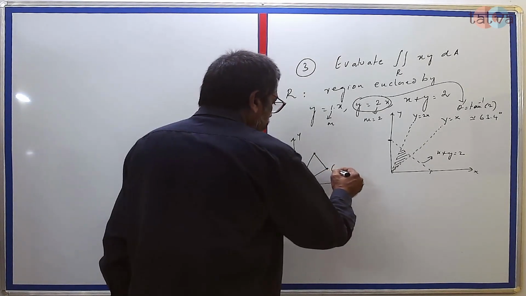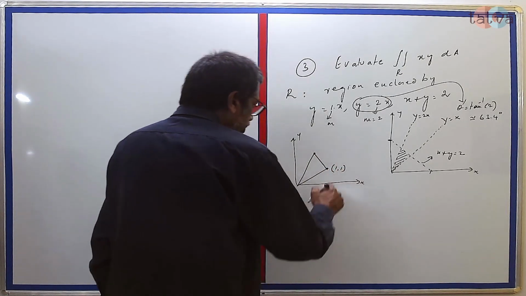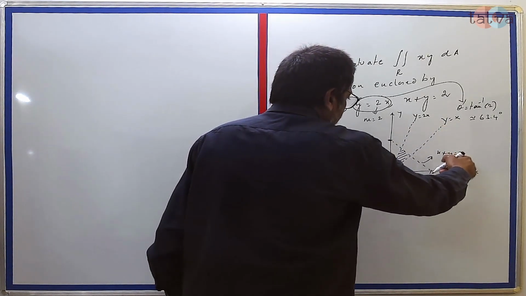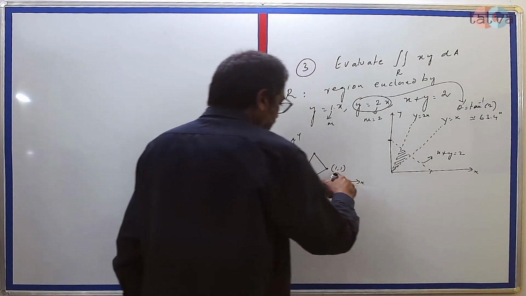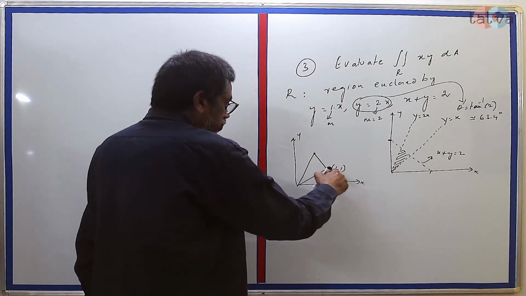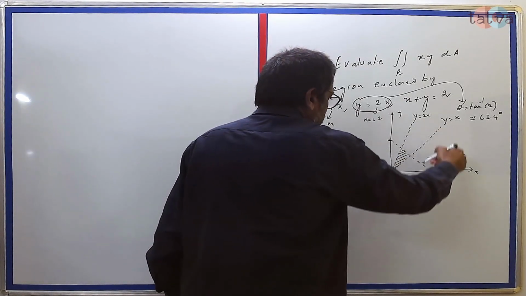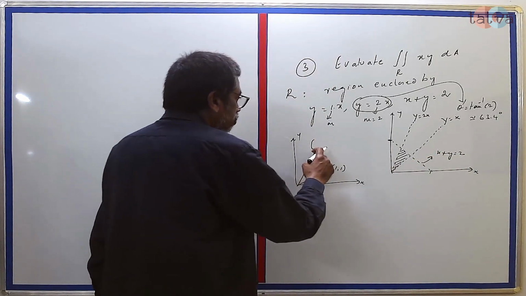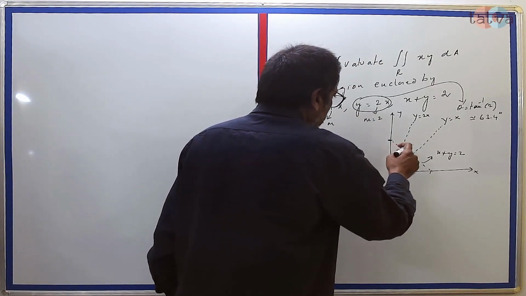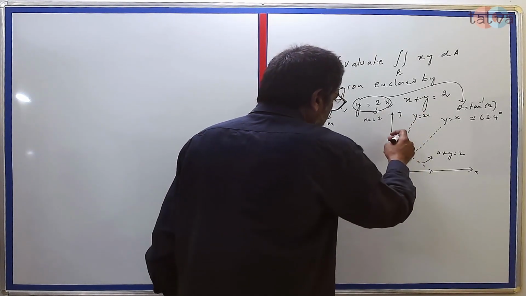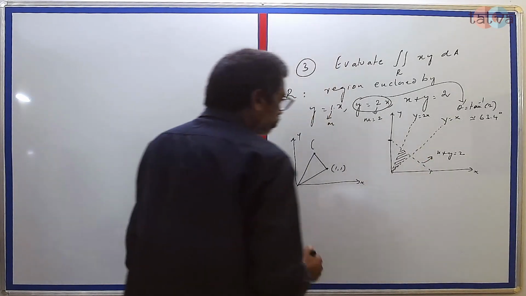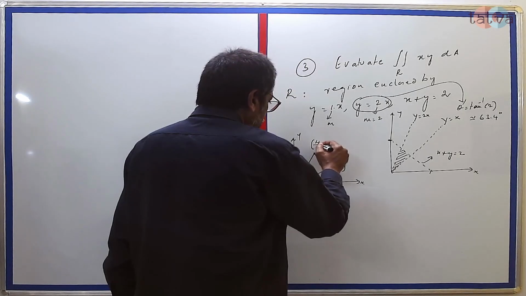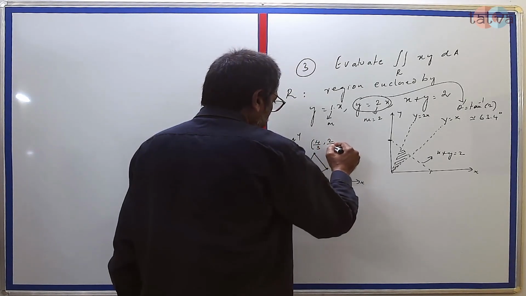Now, let us see. Does 1 comma 1 satisfy y is equal to x and x plus y is equal to 2? Answer is yes. So I got this 1 comma 1 by solving these two equations. Then this point should be the point of intersection of y is equal to 2x and x plus y is equal to 2. And let us see if it is 2 by 3 comma 4 by 3.